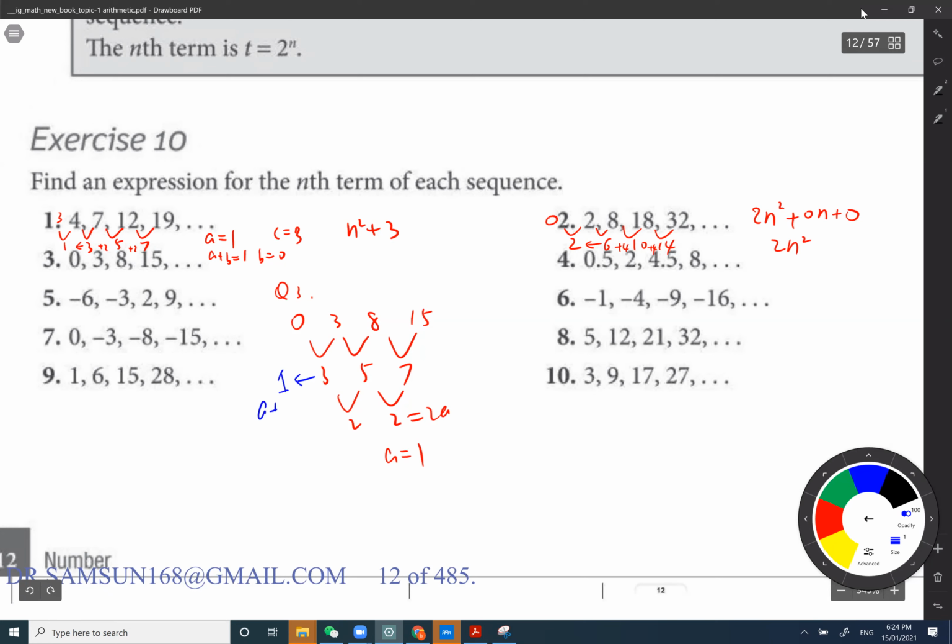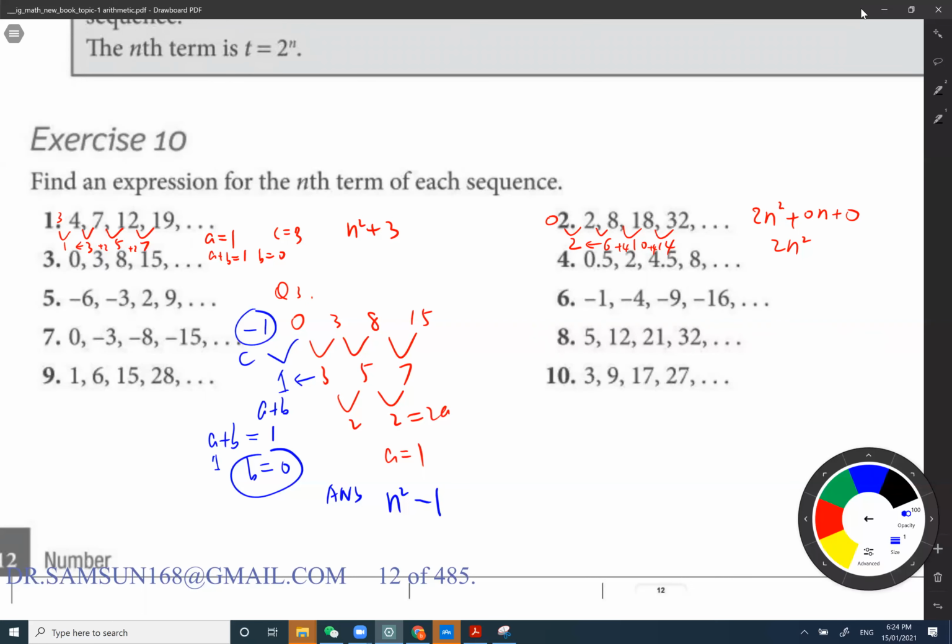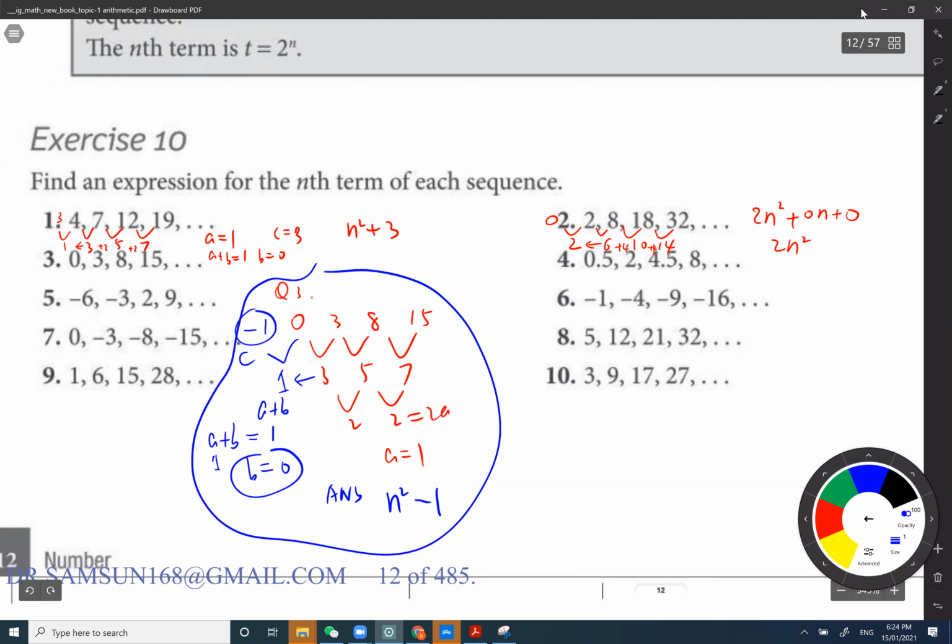This is a plus b. a equals 1, b equals 0. Minus 1, that would be c. Number 3, answer n squared minus 1, because b equals 0. Try more.